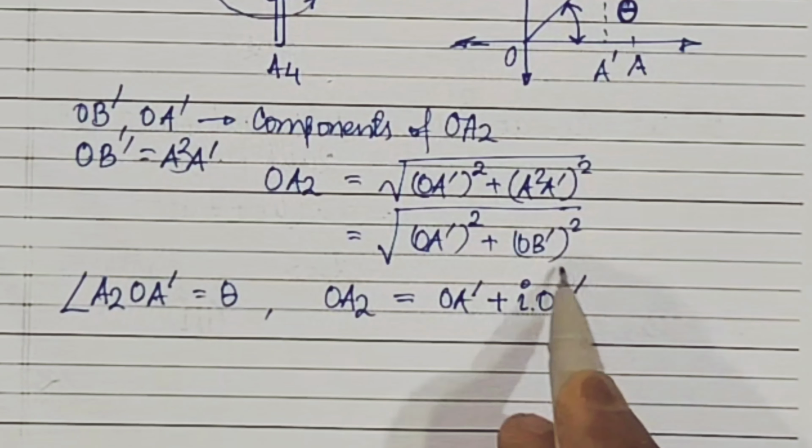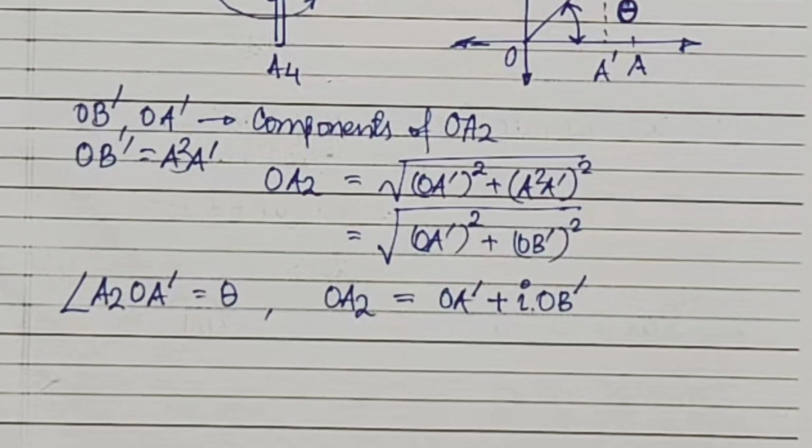So this introduces the concept of rotation. So i is simply a way of telling that this component of OA2 is at an angle of plus 90 degrees with the base component, the component on the real axis, OA prime.